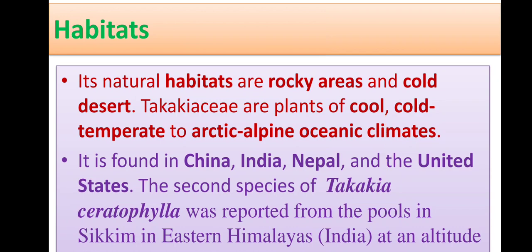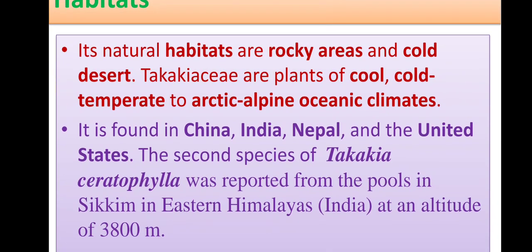Next, habitats. Habitats means its occurrence. All of you know its natural habitats are rocky areas. They are found in rocky areas and in cold deserts. Takakiaceae plants are always found in cold, temperate and Arctic alpine oceanic climates.